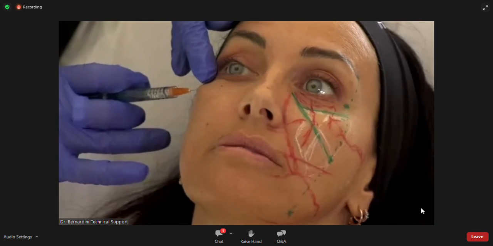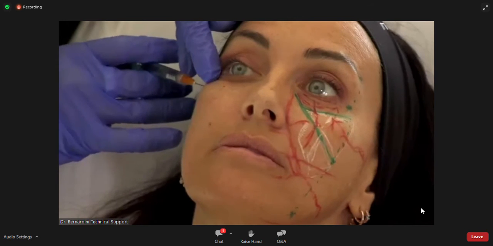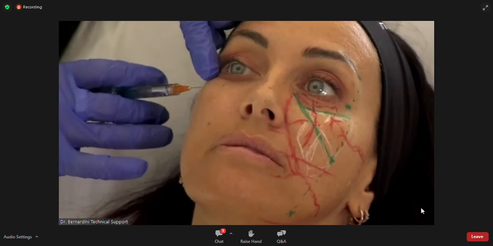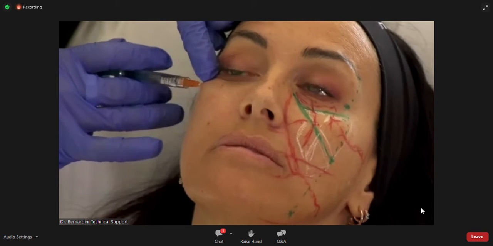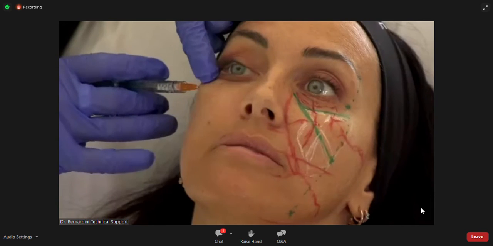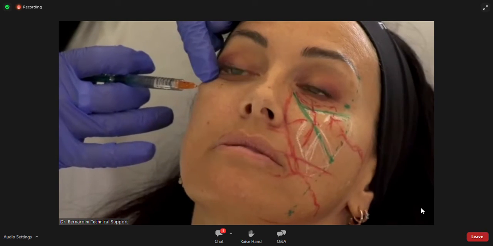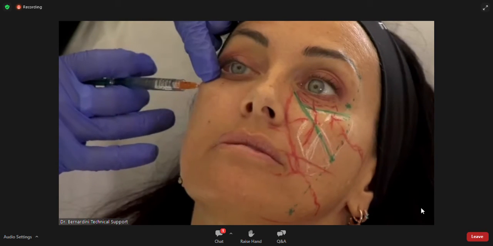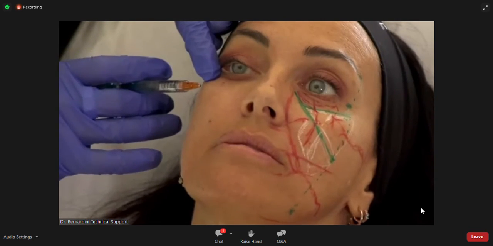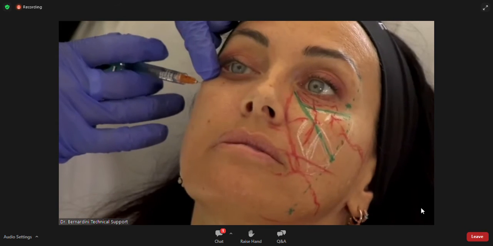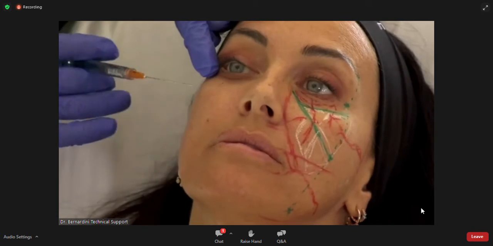The technique is referred to as a bridging technique, as the idea is depositing small bridges across the valley of the defect. The bridges of product will support the ligament and blend the defect.